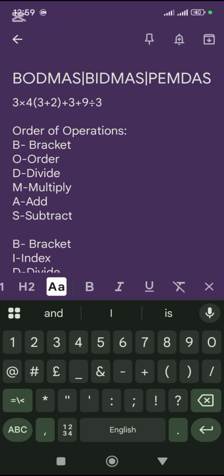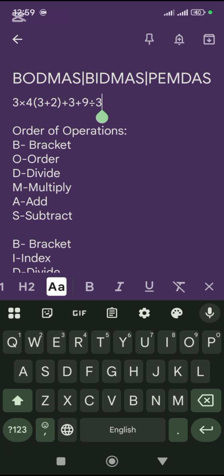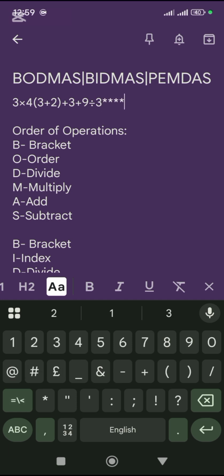What this means is that when you have a question that is as confusing as something like this, what you need to do is to follow this order. The first thing to do is, if the question has a bracket, you solve what is within the bracket first. And if it has powers, that is, it involves squares, something like 2 raised to the power of 2, 3 raised to the power of 3, or the bracket raised to the power of 2, you consider that next after the bracket.